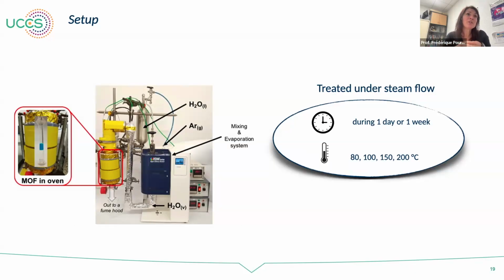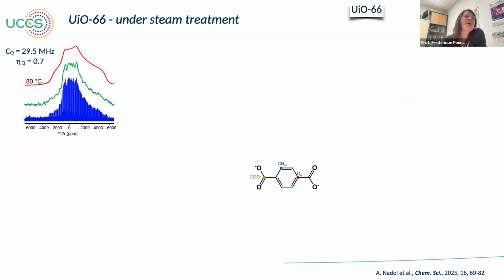We used this setup where you put the samples in an oven and increase the temperature, and in the meantime a water stream goes into the oven. So we were under steam flow at different temperatures. For UiO-66, we left the samples for 1 week, and for the 2 others, we left the samples for only 1 day, at different temperatures. This is the sample at 80 degrees C during 1 week.